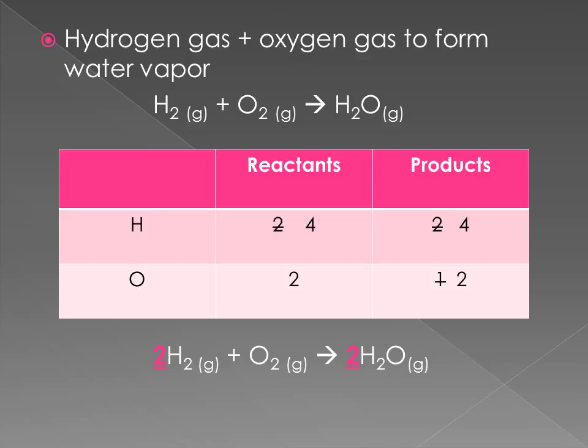We can actually look at the new T table typed out because it's neater than my handwriting. I'm sorry. And here we have our new T table. So if you look at this, on my products and reactant side of my hydrogens, I have 4 on both. Good. It's balanced. And on my oxygen side, I have 2 on both sides. Awesome.